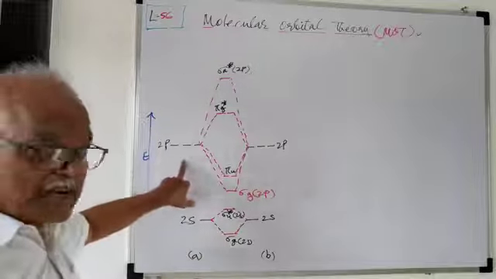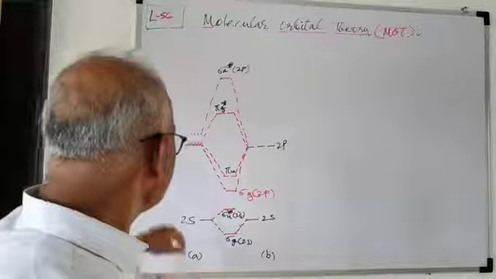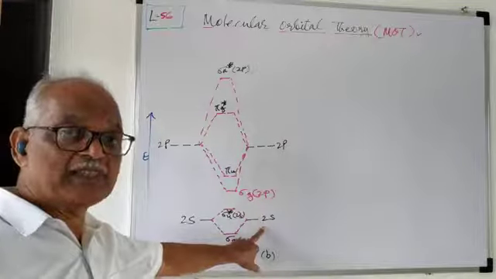Now here you will find that 2s has sigma symmetry. There are 2 such 2s orbitals having sigma symmetry.